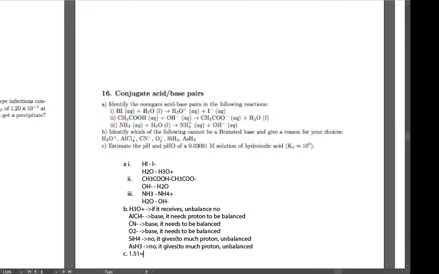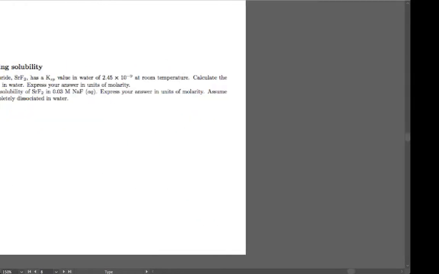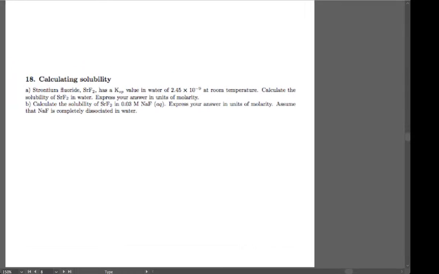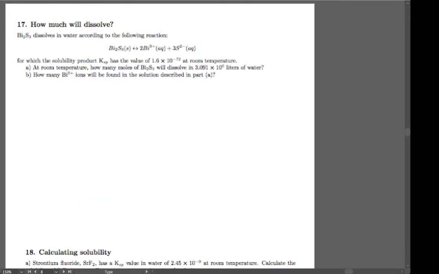And then the pOH would equal 14 minus that, which is 12.49. That's the pH and the pOH. Pretty quick, because a Ka of 10 to the power of 9 is pretty big, which means it tends to the right and almost fully dissociates.